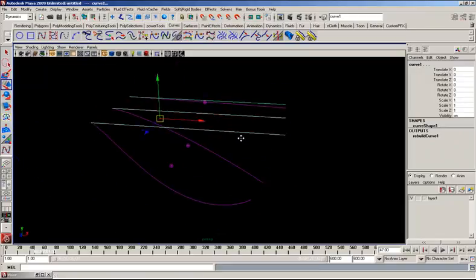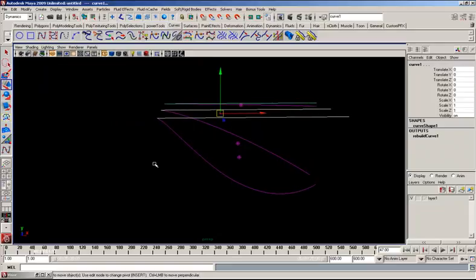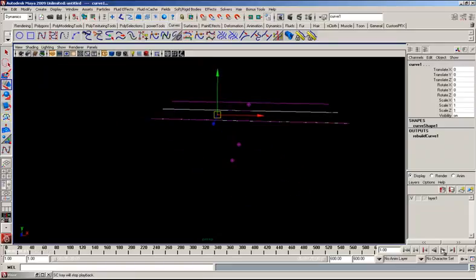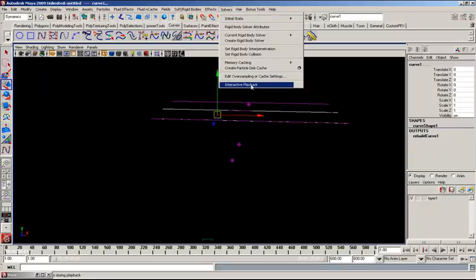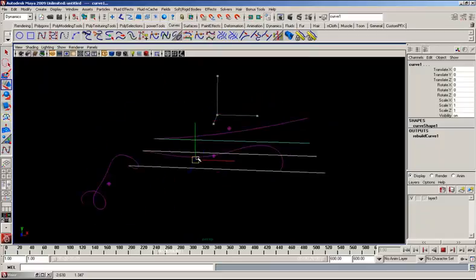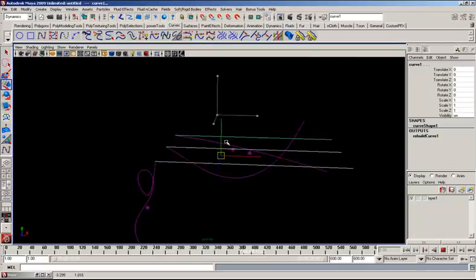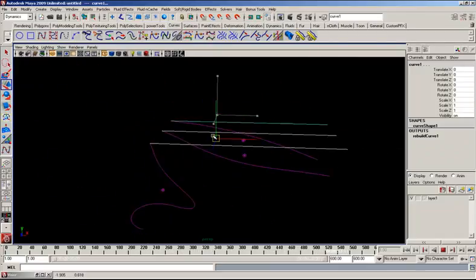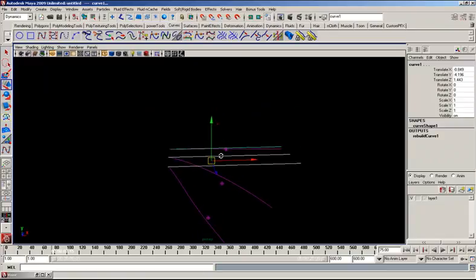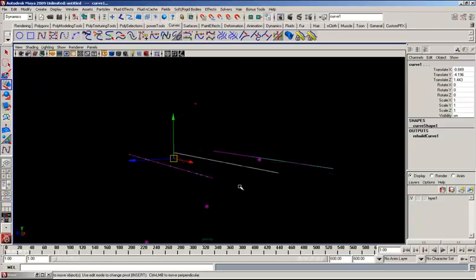And these guys, if they move, they drive the current curves. So I'm going to go interactive playback. I'm going to move these original ones. I'm not touching the dynamic ones. I'm only touching the original ones. And the other guys are being driven by that. So keep that in mind.